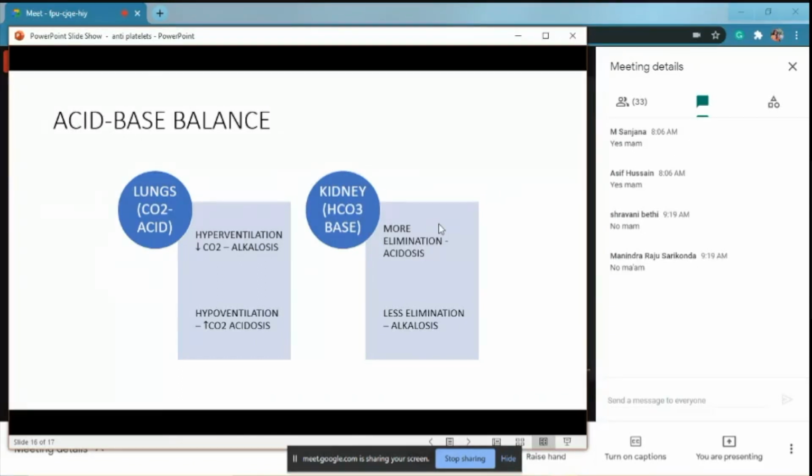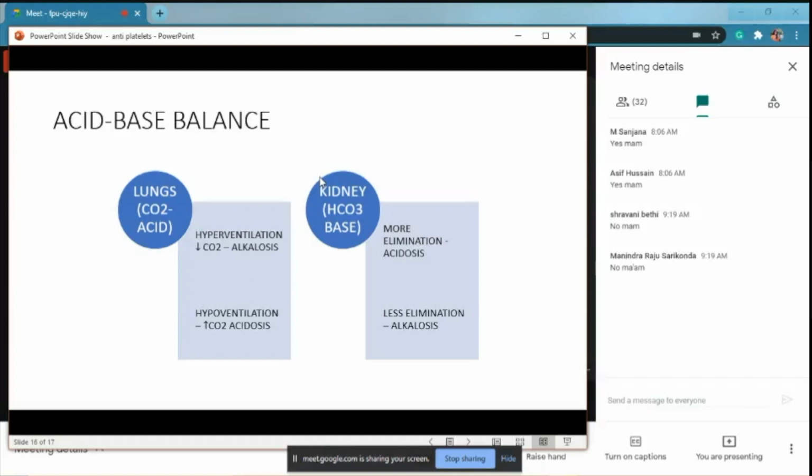In case of hyperventilation, it decreases the CO2. You might be wondering, if the patient breathes very fast, isn't CO2 increased? No, it's not. The CO2 level will decrease. Just imagine, if you breathe so fast, the amount of air going inside the lungs will be decreased. If you breathe normally, or take slow, deep breaths, the amount of air going inside is high, right?